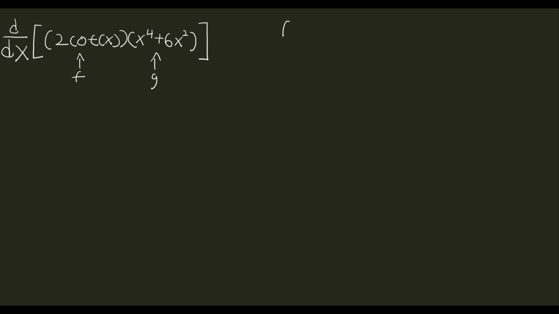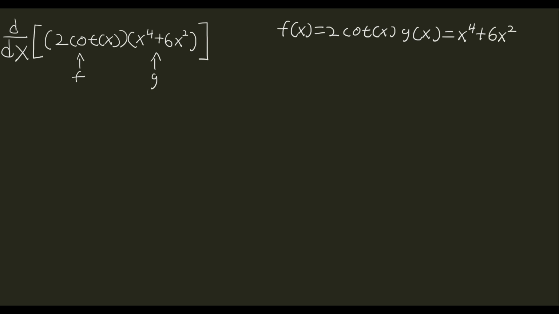We could write them out. F of x equals 2 cotangent x. G of x equals x to the fourth plus 6x squared.